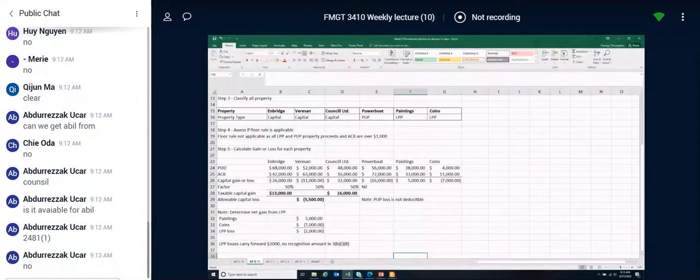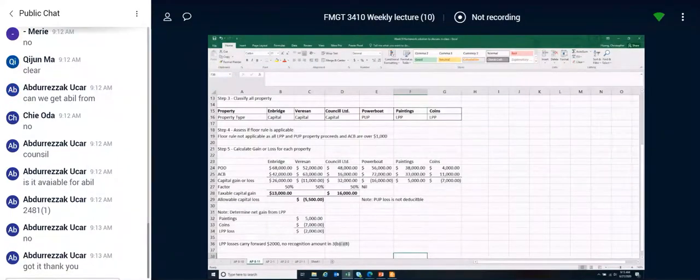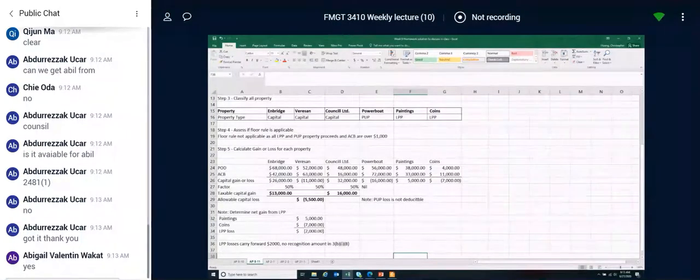Does that make sense? It's a good thought, and remember, of course, Council has no loss. It's in a gain position. You have to be in a loss in order to even consider an ABIL.